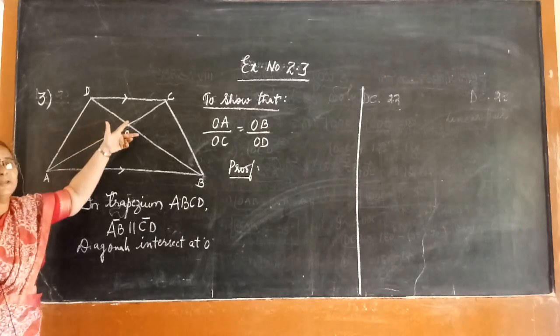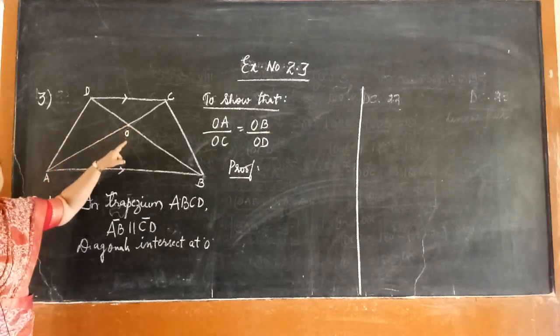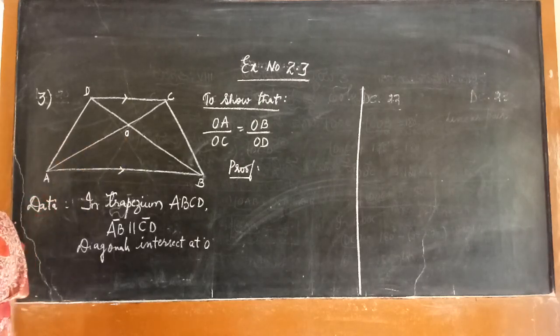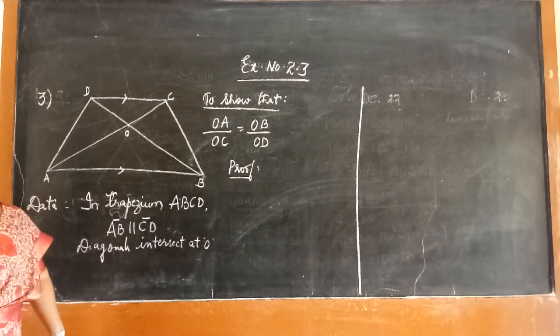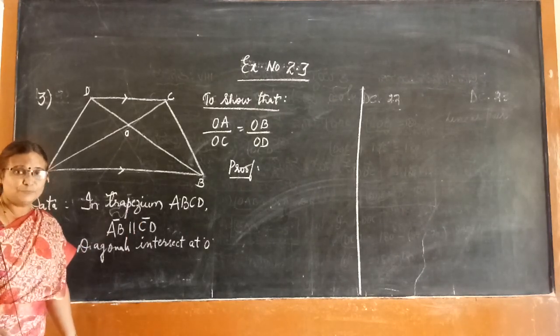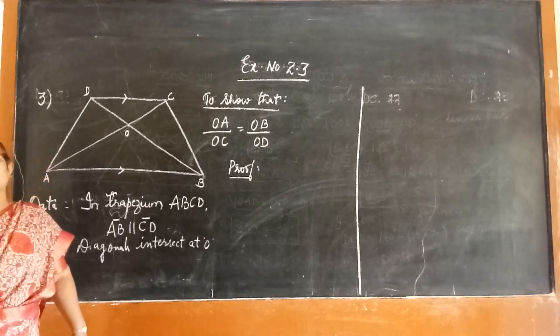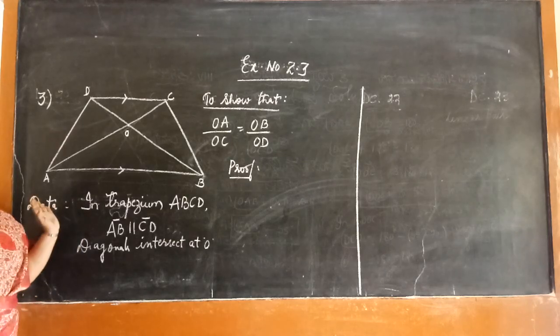So we get two pairs of alternate angles and one pair of vertically opposite angles. Immediately you can say these two triangles are equiangular. If they are equiangular, then the triangles are similar. This we have proved in the angle-angle criterion of similar triangles. And hence the problem is quite simple.